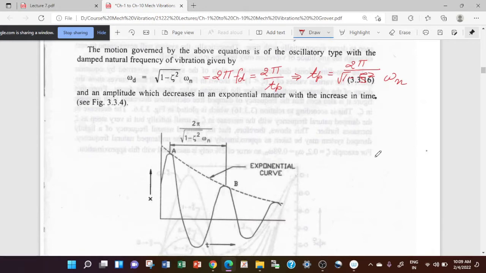Now if I consider this is the A point, this is the B point, and this represents the same points on the successive cycle. So it becomes basically a time period. If I draw a vertical line here, suppose this is your TA and this is your TB.